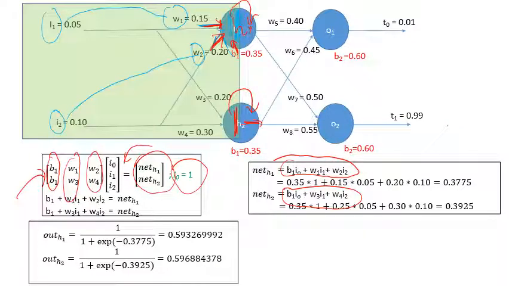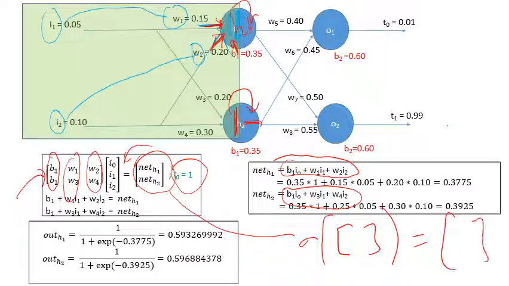So you will get a vector, and its entries are nothing but the net input of node 1 and node 2. If you feed this vector directly to a sigmoid function, you will get another vector because you are applying sigmoid element-wise. So you get a vector which is nothing but the out vector.